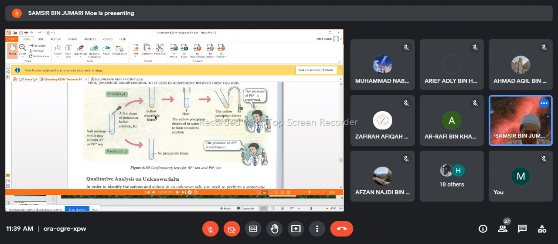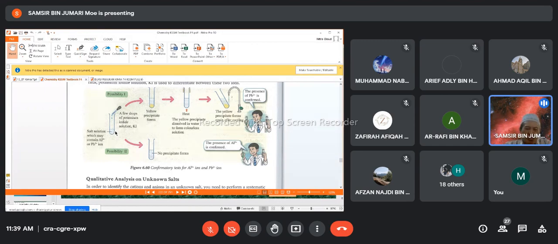Okay, insoluble salt ni. Jadi kita tahu yang kalau ada iodide ion ni, mestilah dia telah bertindak balas dengan suatu cation dalam sini. Kita tahu yang iodide yang tidak larut, dulu kita dah belajar, ialah lead 2 iodide kan. Lead 2 iodide will be yellow precipitate.